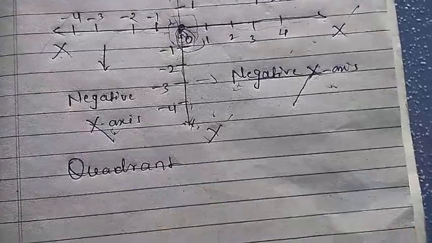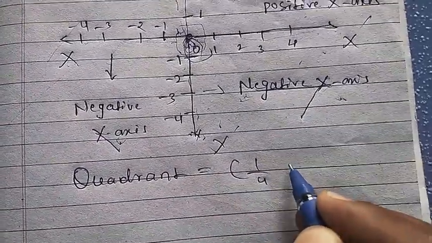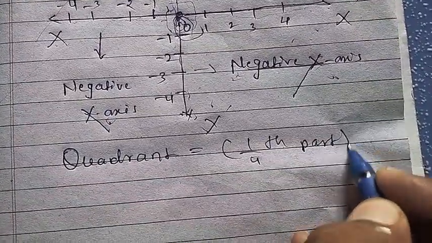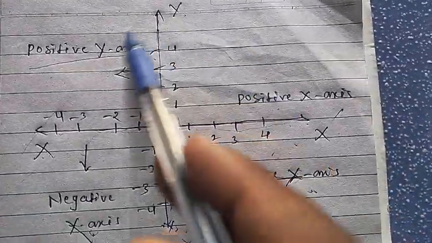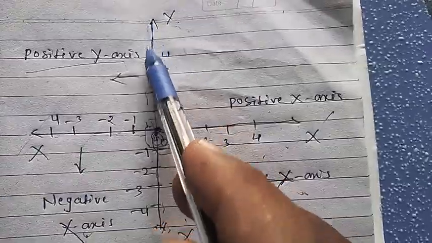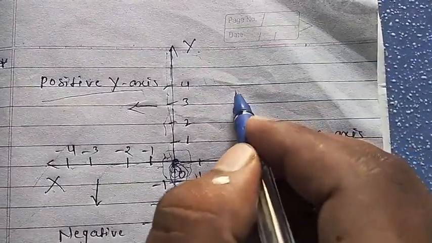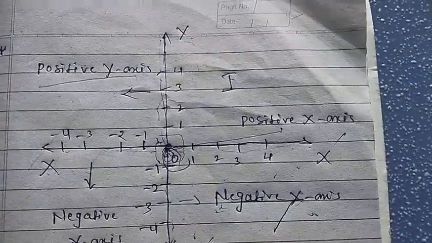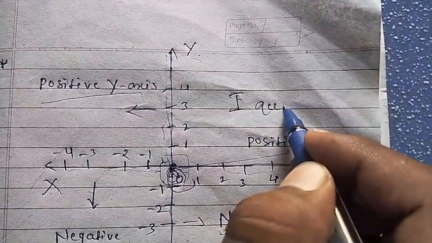What is the meaning of quadrant? Quadrant means a 1/4 part. Now see, this is one whole. From this, one part is called one quadrant. This is the first quadrant.